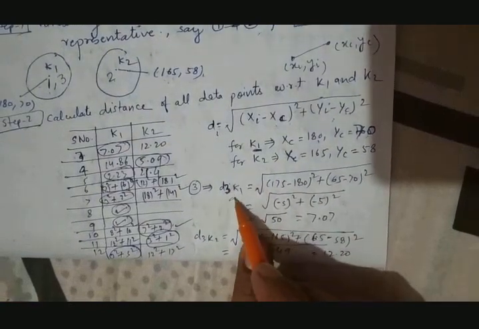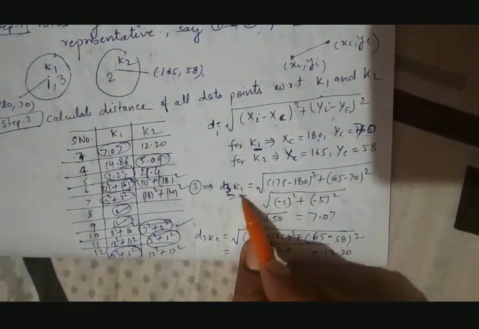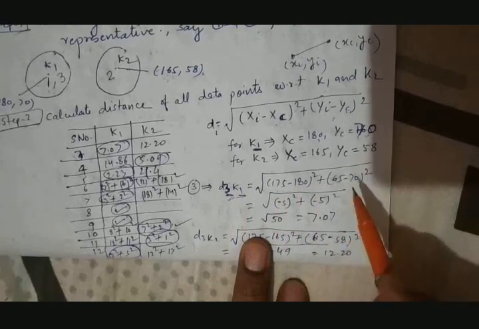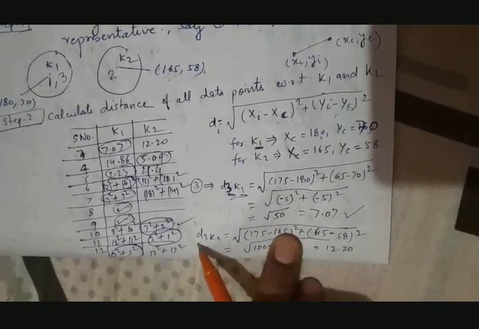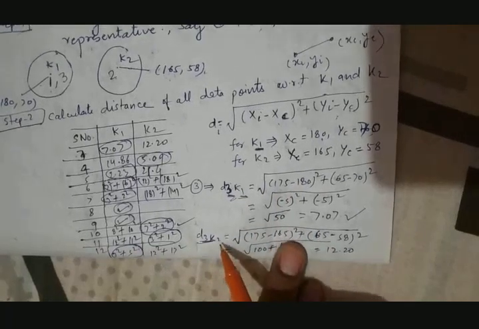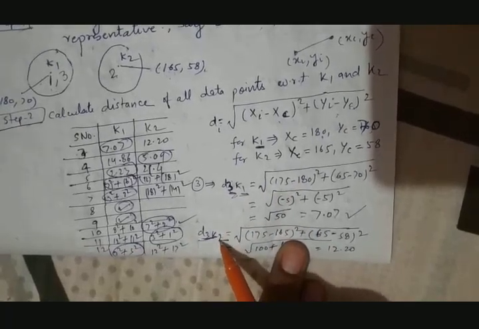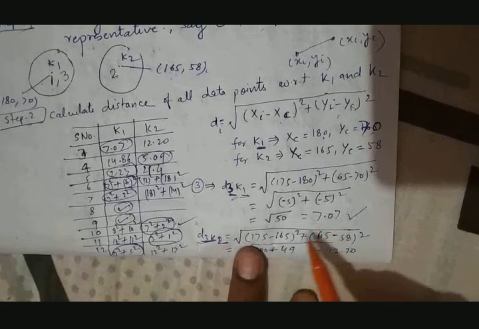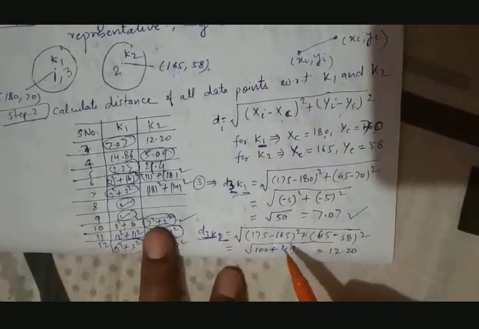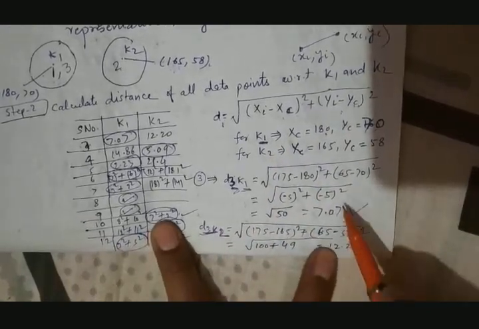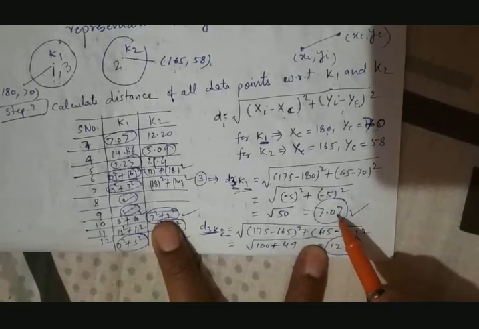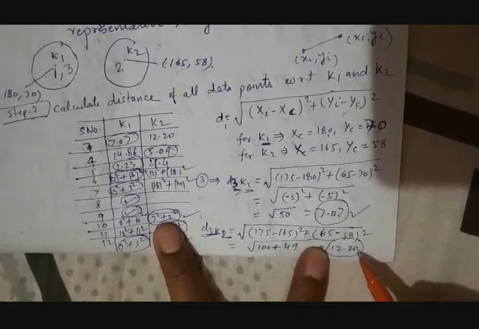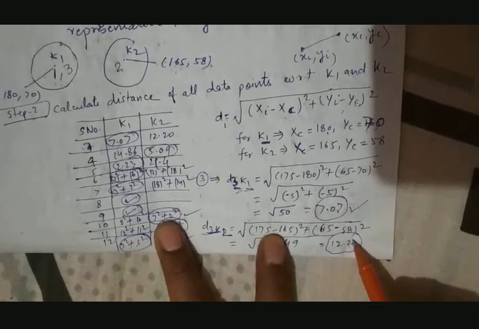The distance of the third point with respect to K1 is the square root of this square plus this square, and finally we get 7.07. Again, this is the distance of the third data point with K2. We put these values in the formula and we get 12.20. So the distance of data point 3 with center K1 is this much, and with center K2 is this much.